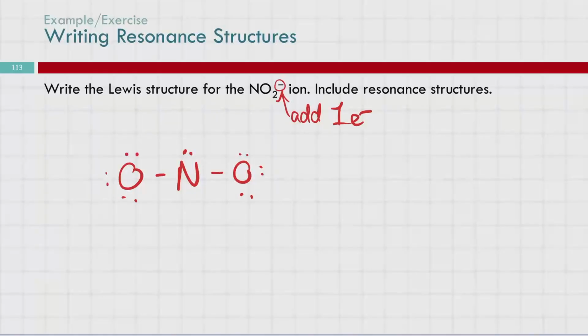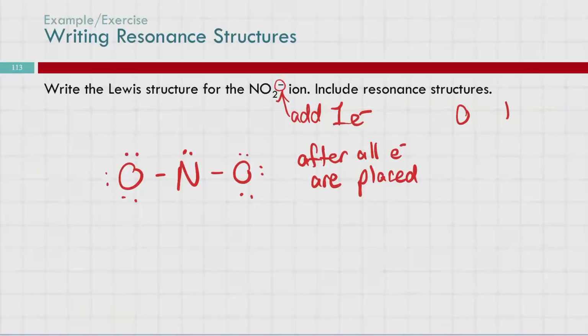You should have ended up with something that looks like this after all electrons are placed. And we'll scribble in the rest. We should have 18 valence electrons.